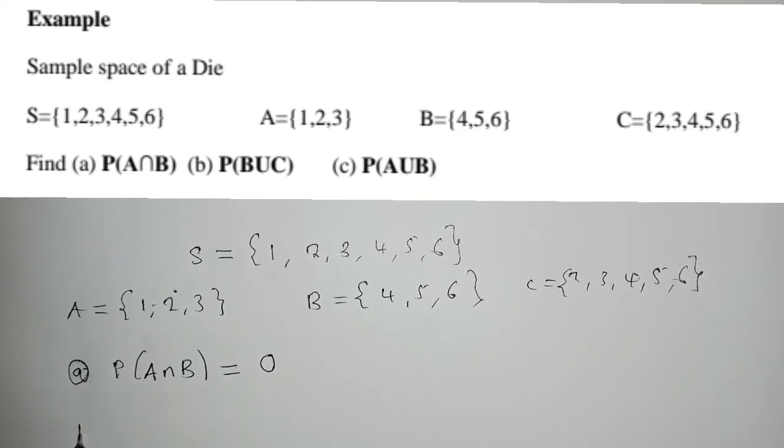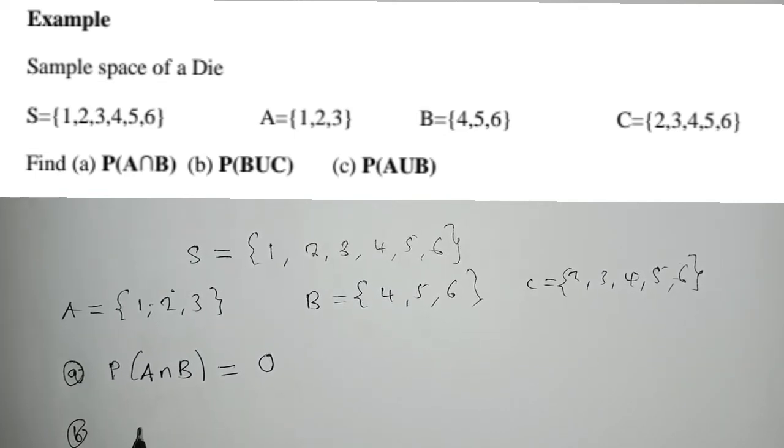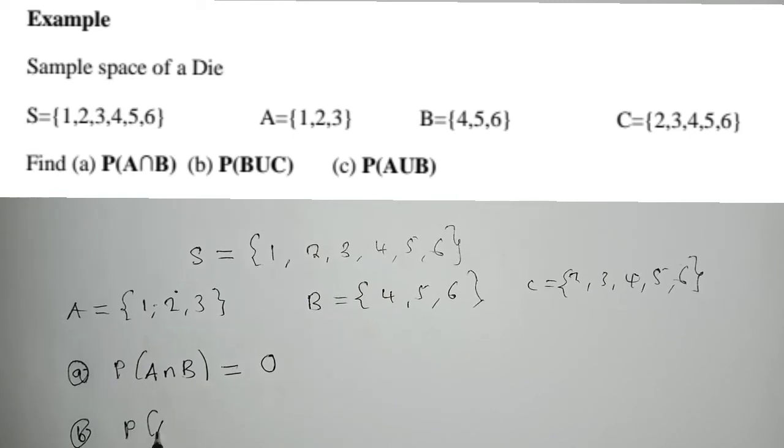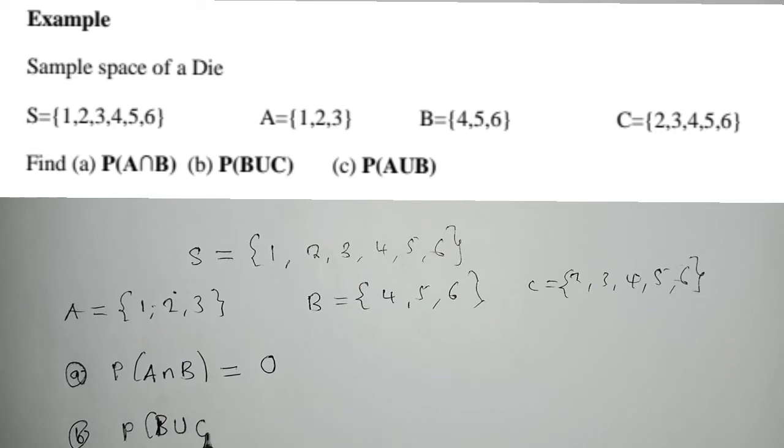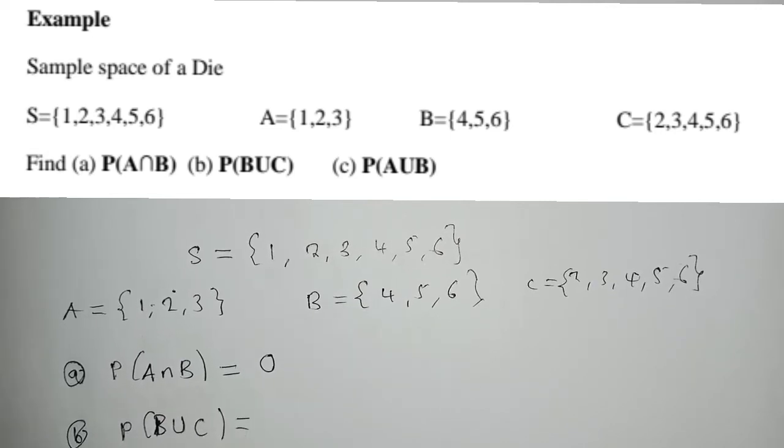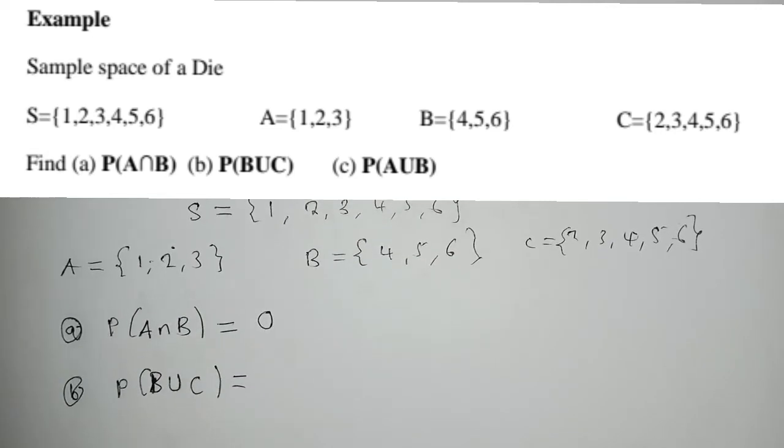This is question A. For B, they said we find probability of B union C. So what is the probability of B union C? The first thing is to check, do we have an intersection? Are they mutually exclusive, these two, B and C?